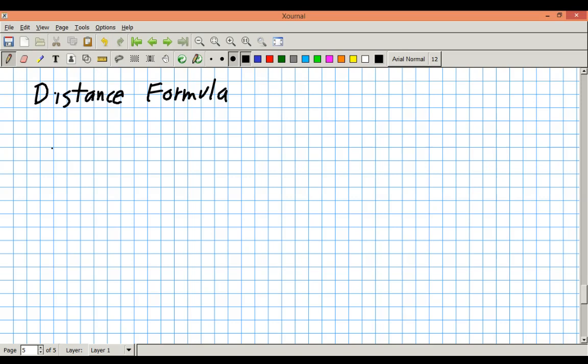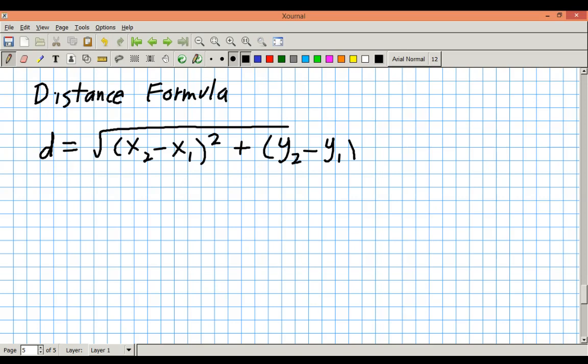So the distance formula, its job is to tell you how long a line segment is if you know the endpoints. So here's the distance formula. You're going to take x sub 2 minus x sub 1. You're going to subtract the two x coordinates of the endpoints and then square. And then you're going to do the same thing for the y coordinates. So y sub 2 minus y sub 1 and then square that.